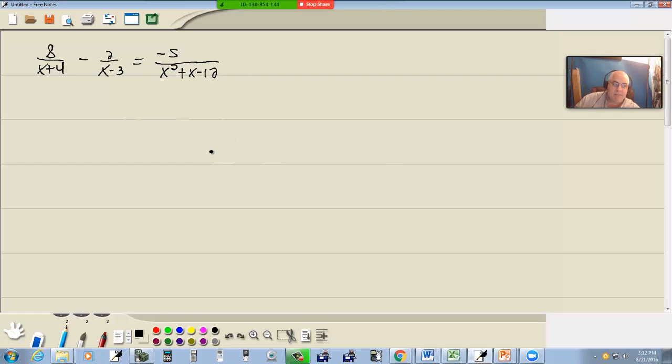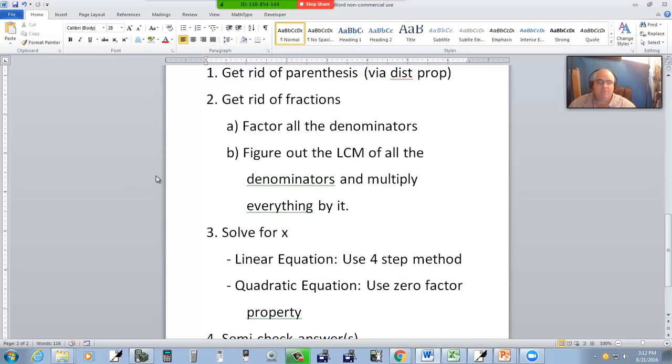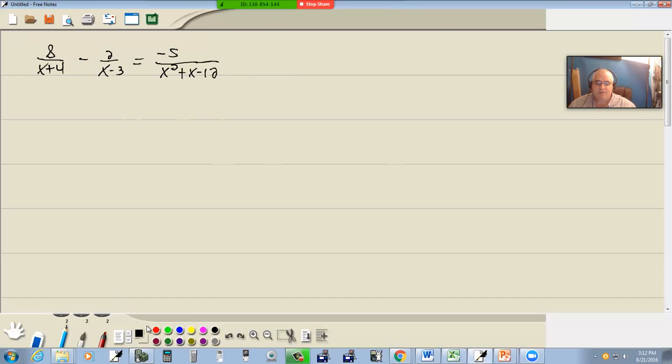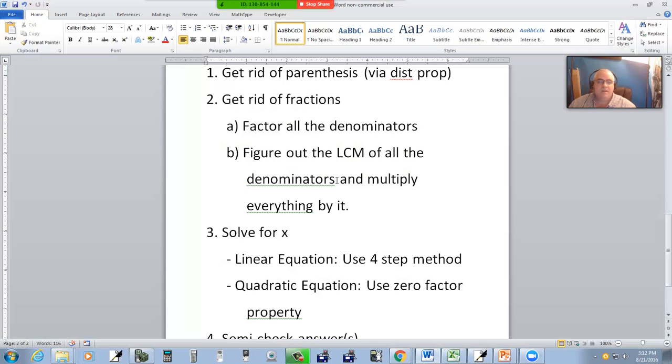And what makes this a rational equation? Rational equation means you've got an equation which has an equals in it, and the rational part means you've got a variable x, for example, in the denominator of some form. It's pretty vague, but it really is that vague. Step 1, get rid of parentheses. Don't have any parentheses. Step 2, get rid of fractions.